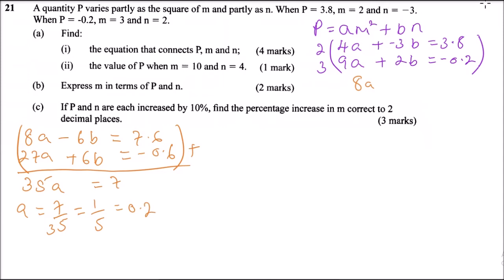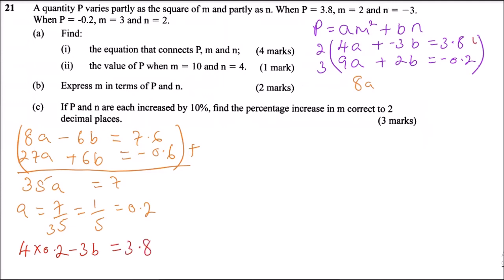So if a is 0.2, then how do we find b? We substitute in one of our equations. So we take 4 multiplied by 0.2 minus 3b is equal to 3.8.